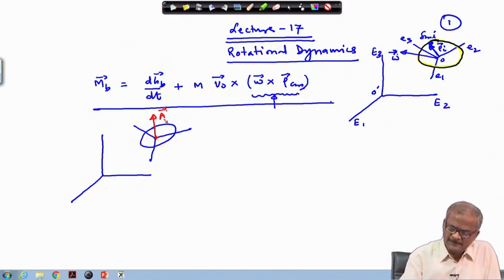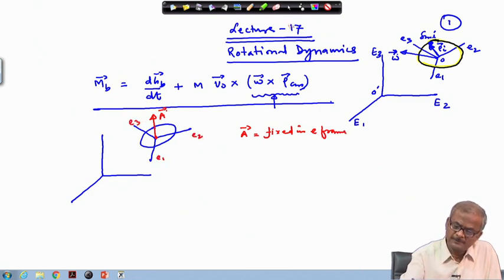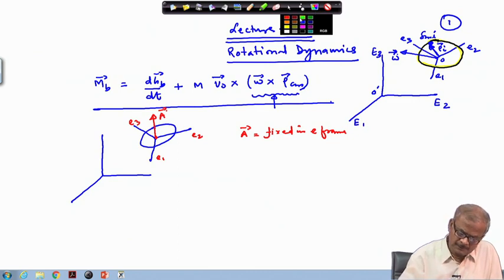Say this is any vector A which is fixed in the E frame. This is E 1, E 2, E 3, and this one is e 1, e 2, e 3.